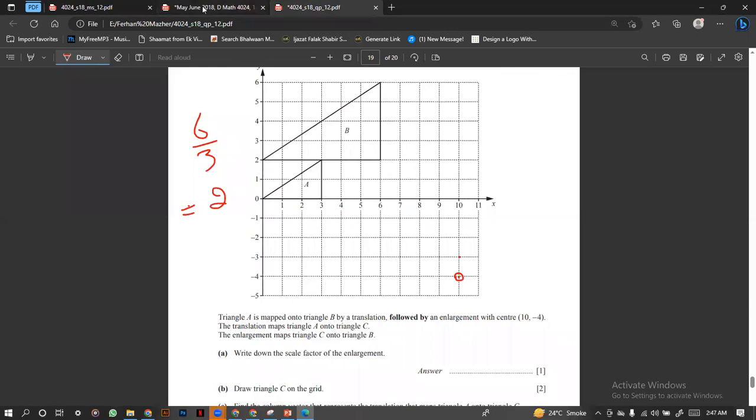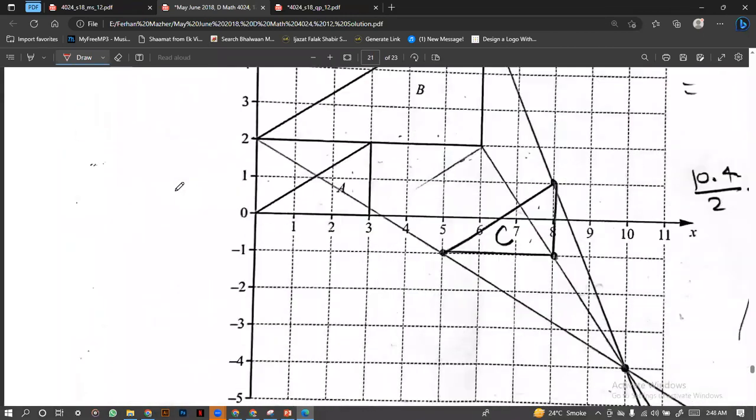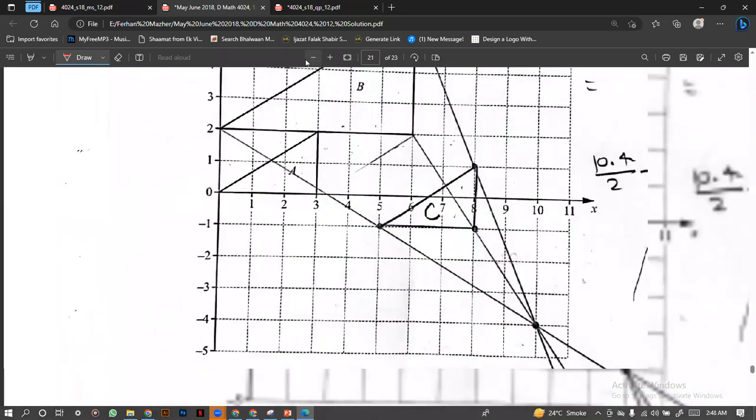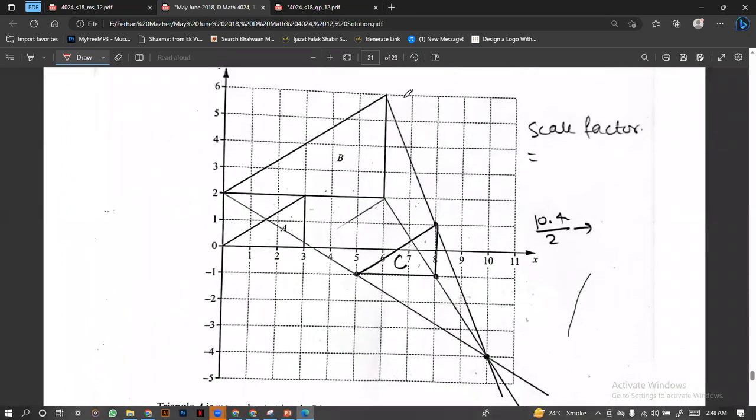The method is very simple. You join this point with the center of enlargement. You join this point with the center of enlargement. You join this point with the center of enlargement. And then you reduce the distance. I've done this, let me show you. You can see this. I joined each point with the center of enlargement.